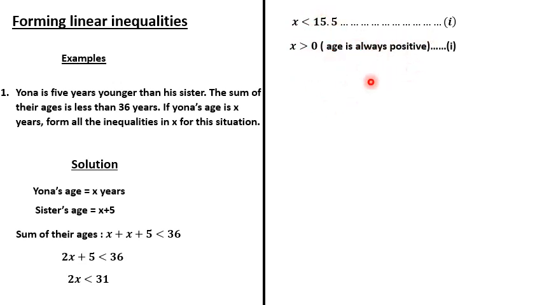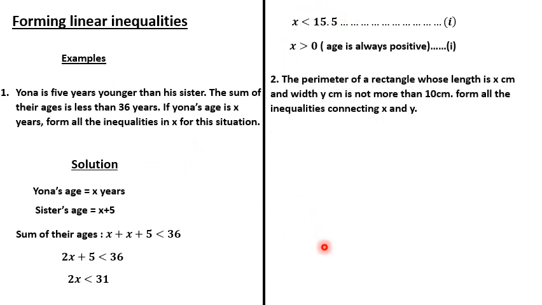Age cannot be negative, neither can it be 0. So since Yona is x years, the age of Yona must be greater than 0. So this is also the second inequality, that is x is greater than 0. These are the two inequalities that can be formed from this simple statement.